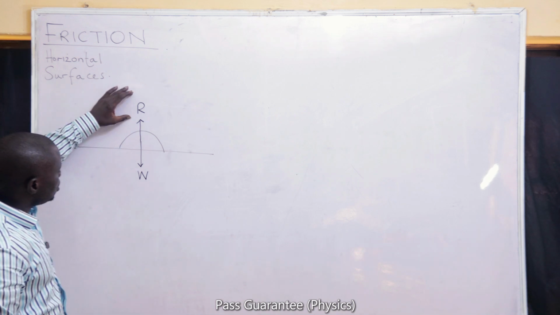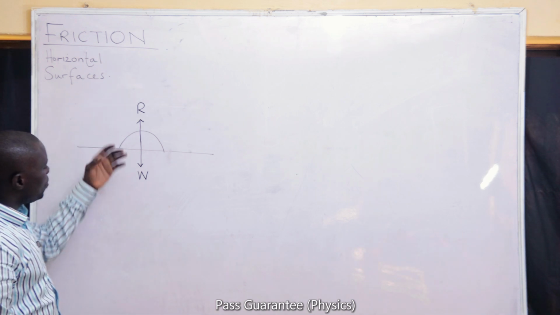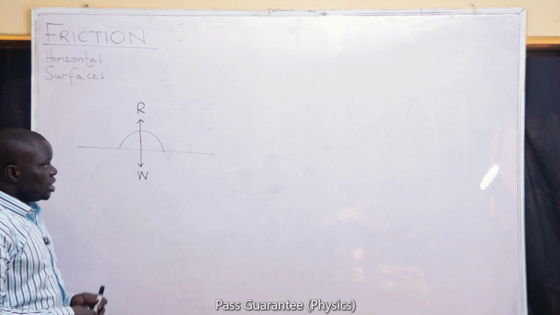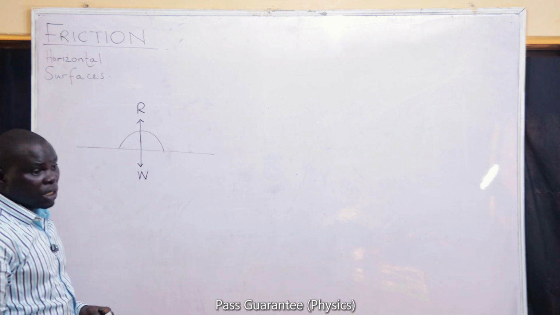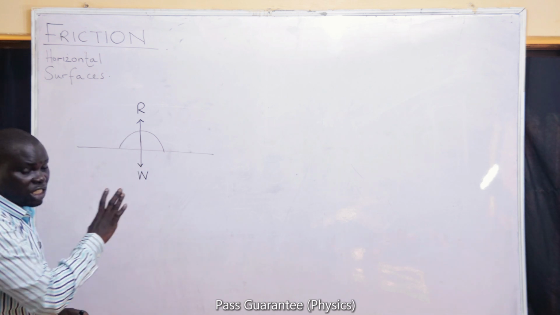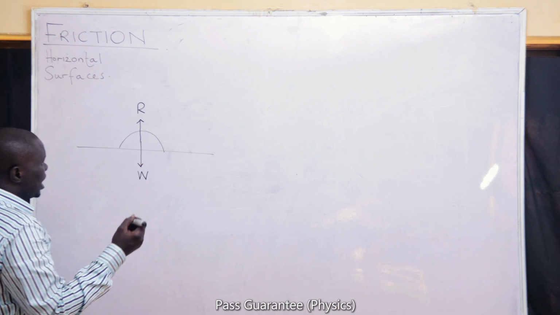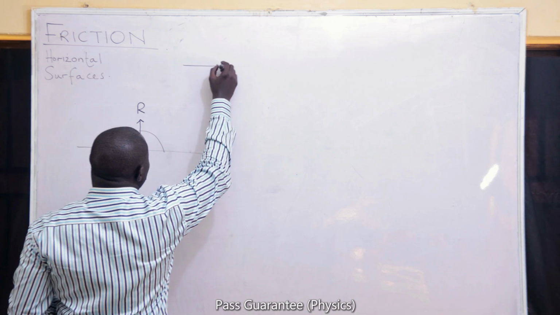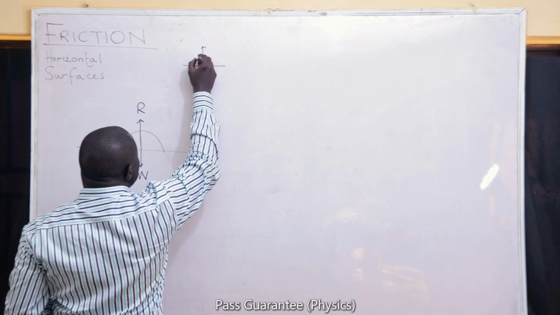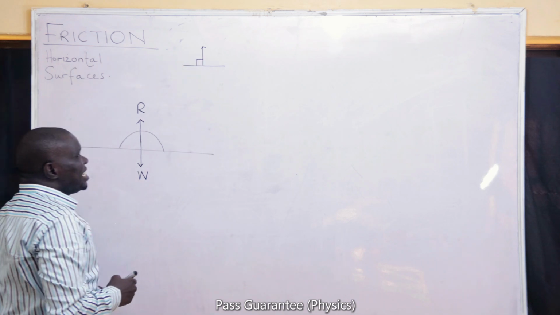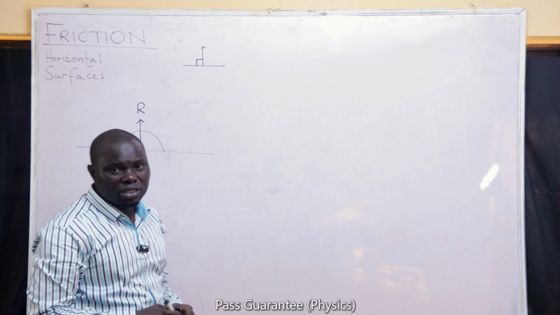So here, the normal reaction is in the direction that is opposite to the weight. It is not always opposite to the weight; it is in that direction for this particular surface. Generally, I always tell students that the direction of the normal reaction is always at 90 degrees, perpendicular to the surface.